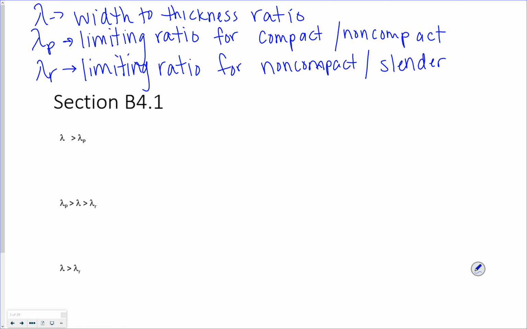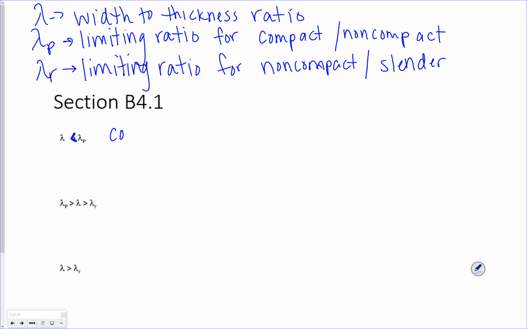So if my width to thickness ratio is less than lambda p, then my element is compact.